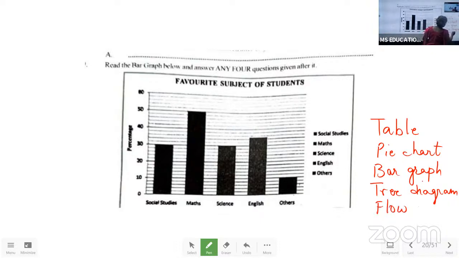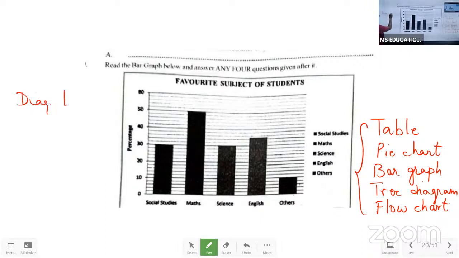Out of these, last year, you had a choice between these 5. But what you wrote last year was either from a diagram, you changed it to text, or from text, you had to change it to diagram.